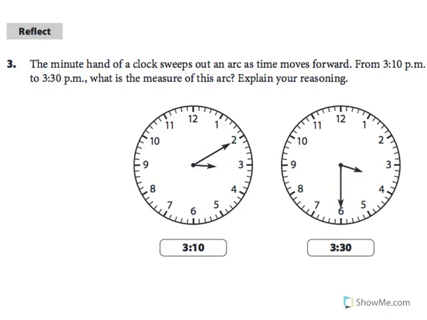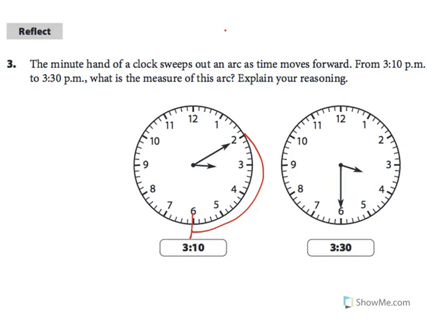Okay, so for example 3, the minute hand on a clock swept an arc as time moved forward from 3:10 p.m. to 3:30 p.m. What is the measurement of this arc? Explain your reason. So we're looking for the arc from here to here, right?